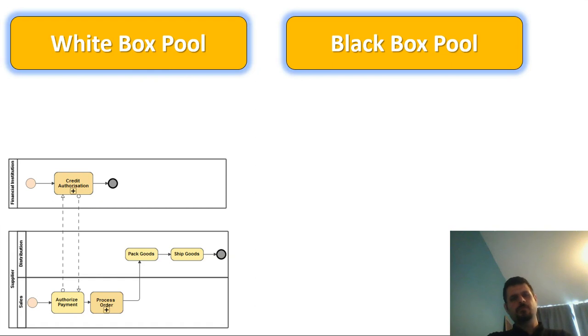So here is an important point. We will talk about pool and lane. The pool is representative of the process boundary and of the organization boundary.